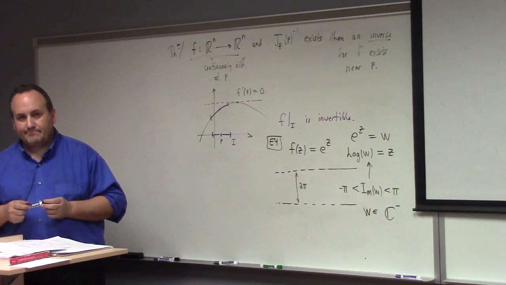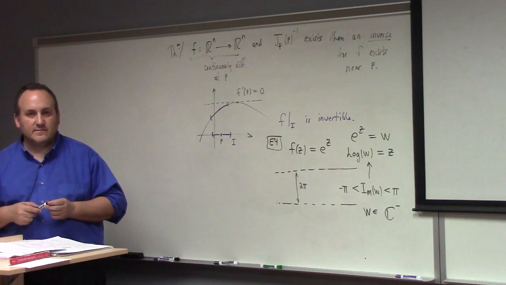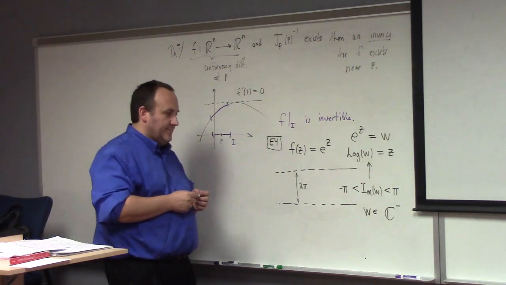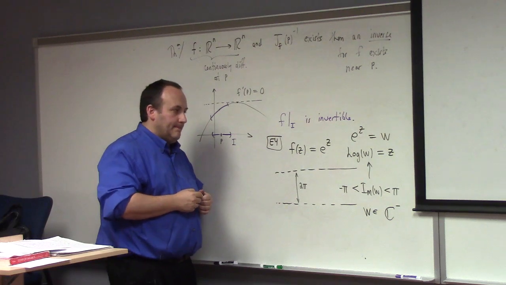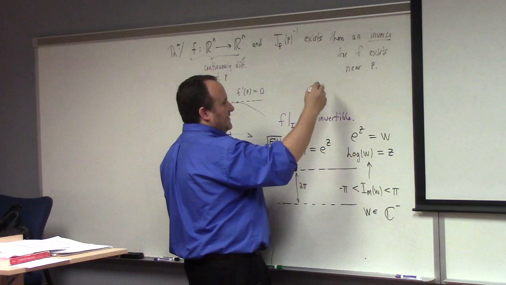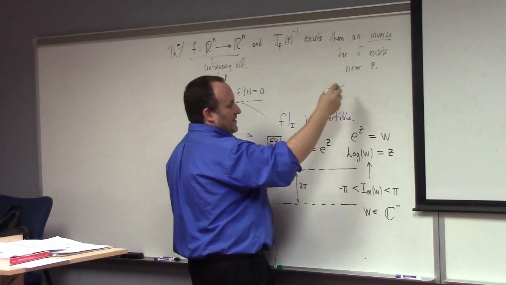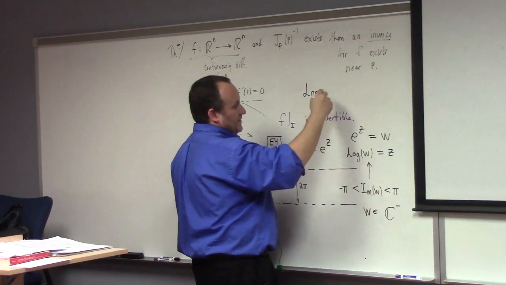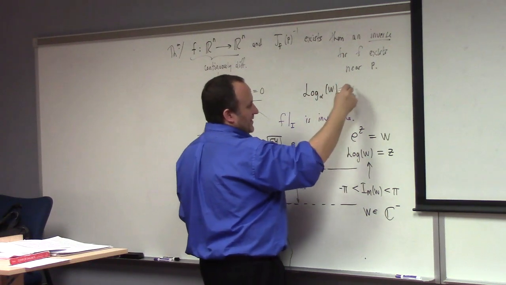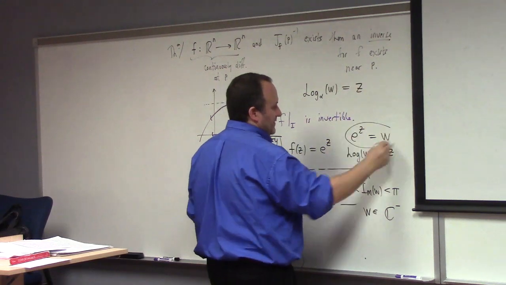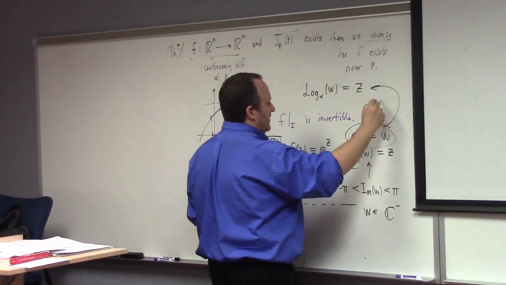So we're using the principal log there? Yes, it's a choice. So we can use either the regular log or the principal log to invert e to the z? Well, we could say that it would also be true that the alpha log of w would be equal to z from this equation. I could take the log alpha of both sides.